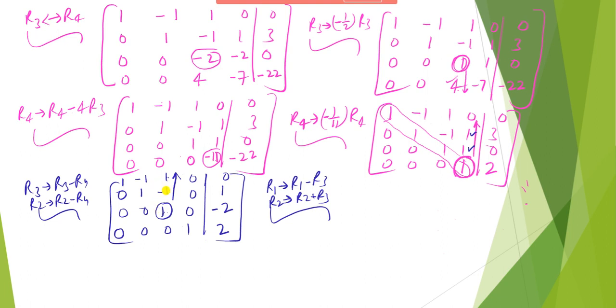So in that case write the third and fourth rows as such, because the change is only in the first and second rows. So the fourth row is 0 0 0 1 2, the third row is 0 0 1 0 minus 2.